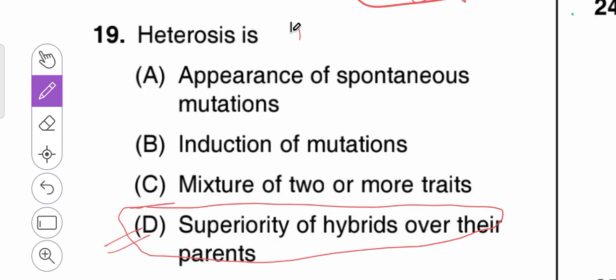Heterosis, or we can call it heterozygosis, is where the progeny of the different or diverse varieties of species will be obtained, or the species will exhibit a greater biomass and speed in development than their parents. So D is the right answer.